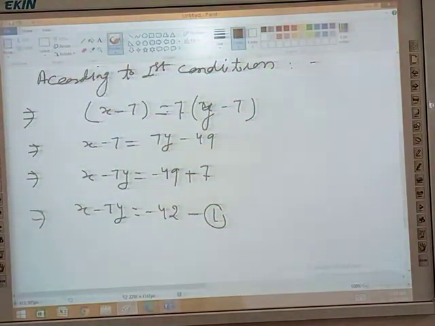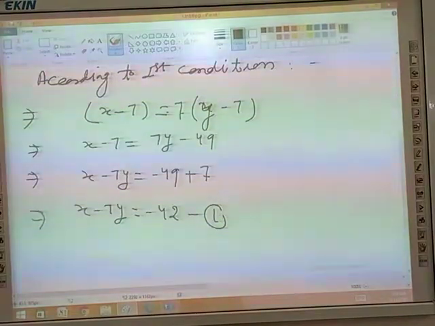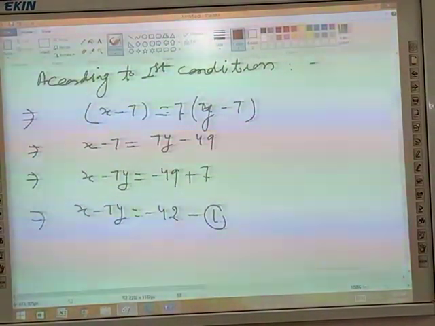x minus 7y is equal to minus 42. Students, note it down.